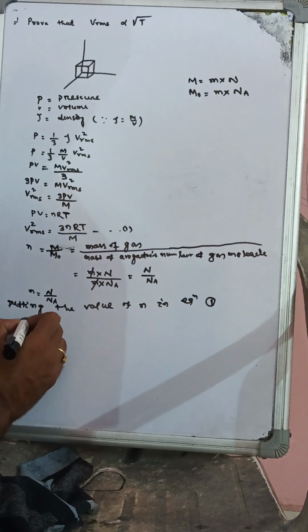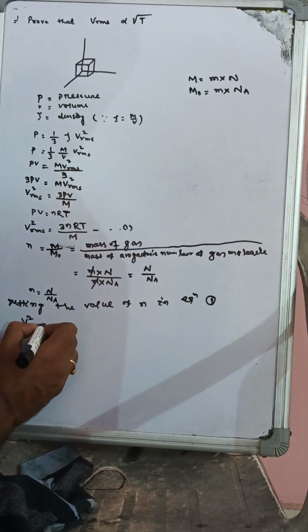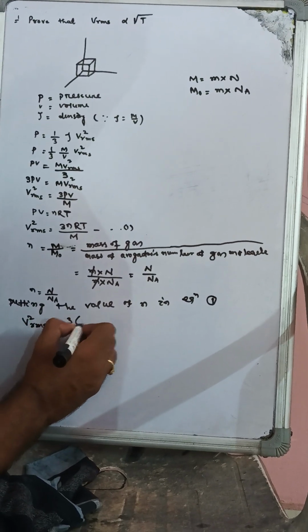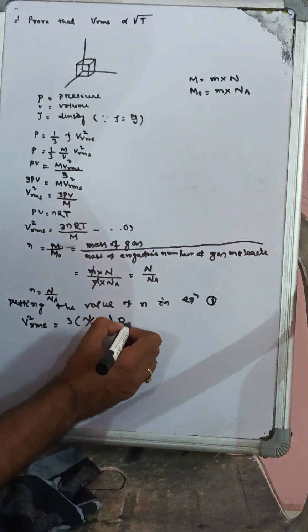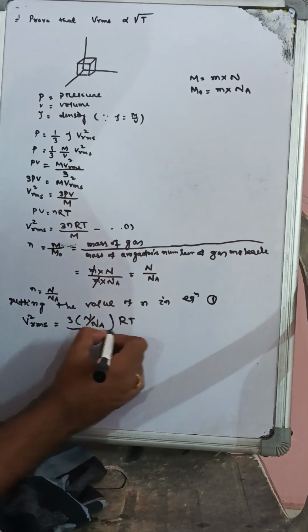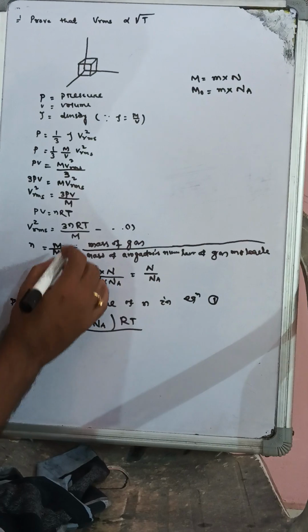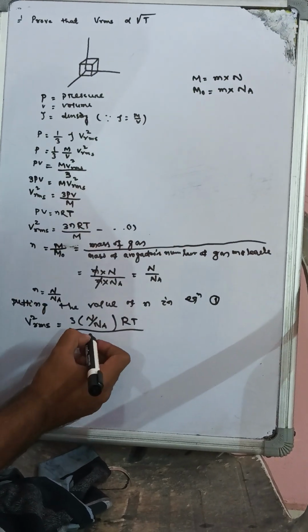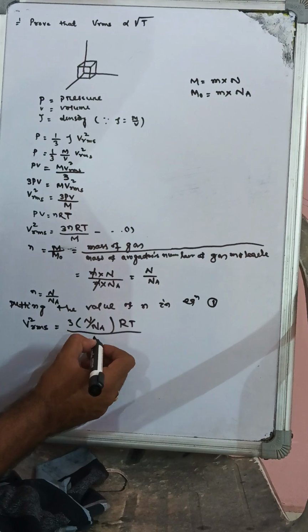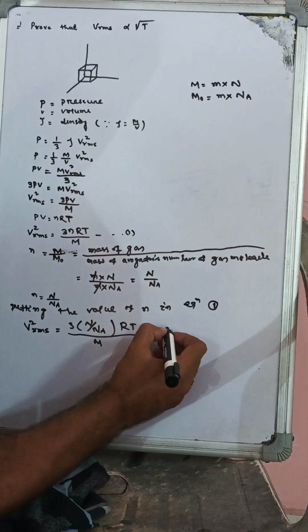We get Vrms square is equal to 3 into N by Na into RT divided by capital M, which is m into N. Okay, we write another step.